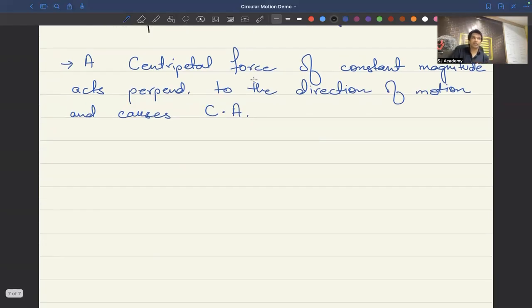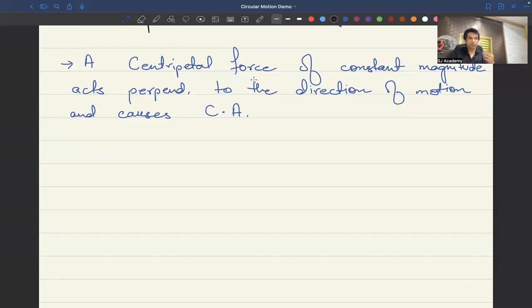Now this centripetal force, or the resultant force, can be, if there's a ball attached to a rope and we are spinning it, in that case that centripetal force will be tension. If a car is moving around a roundabout, that will be friction.